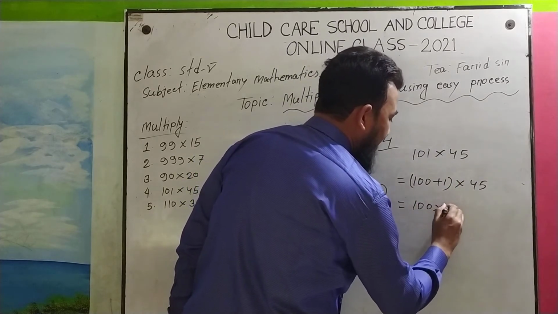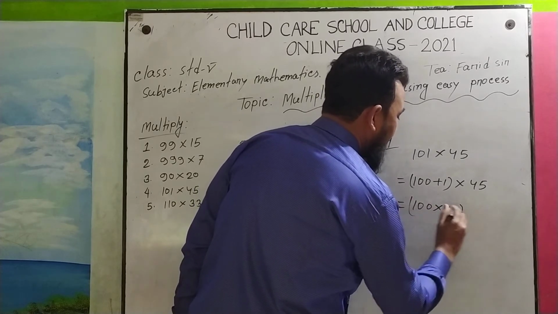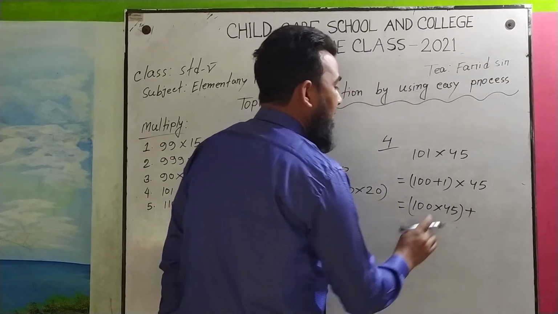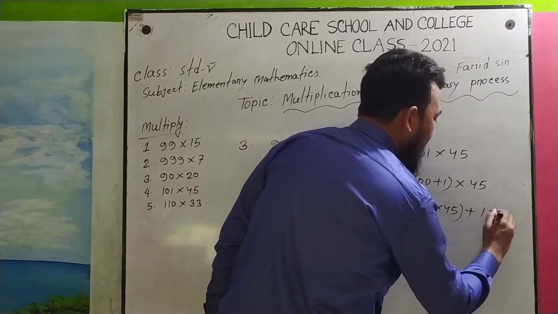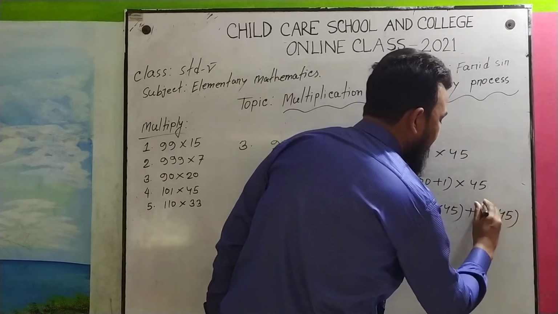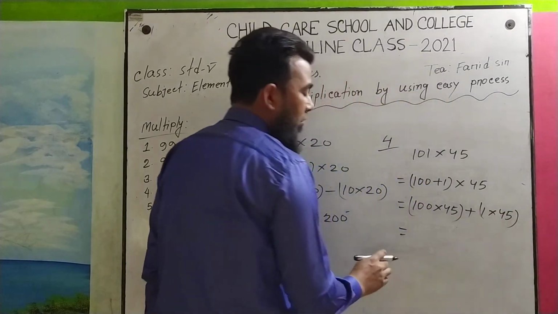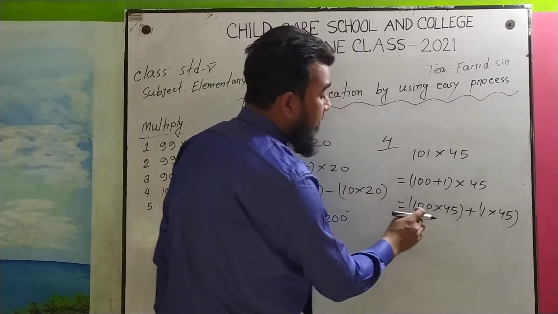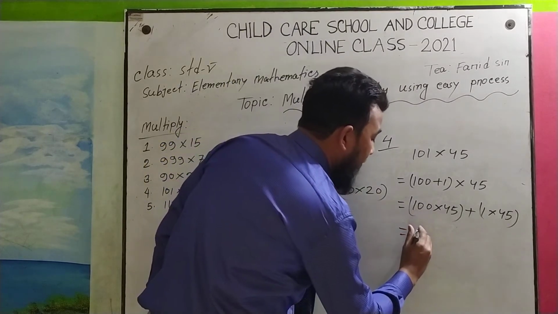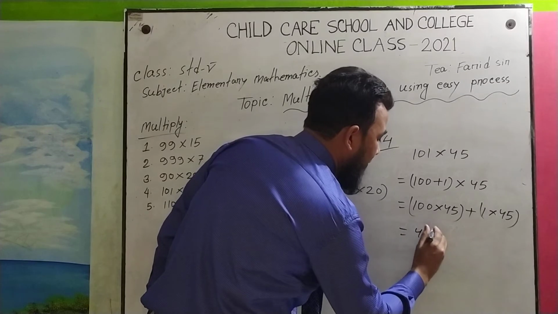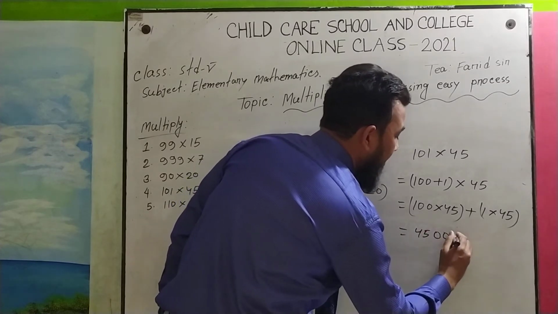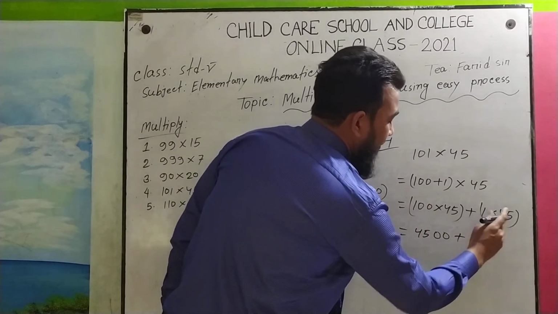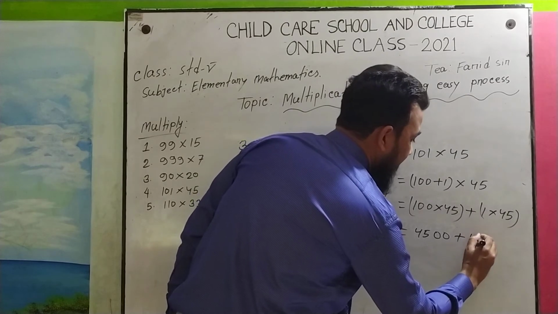Okay. Now 100 multiplied by 45 in brackets, plus, okay, now 1 into 45. Now look here, what will be? If you multiply 45 with 1, it will be 45, and now put the double 0, and here plus 1 into 45, it will be 45.